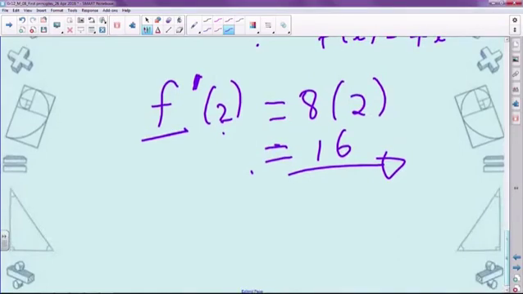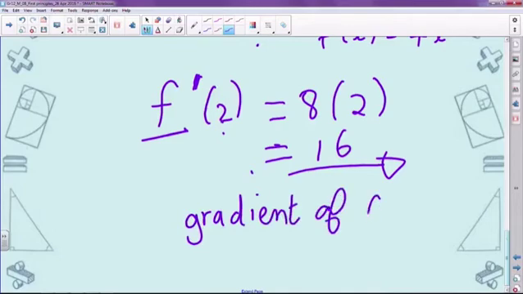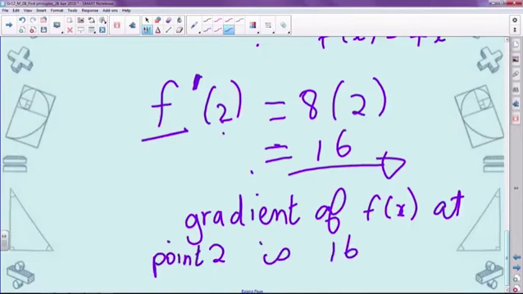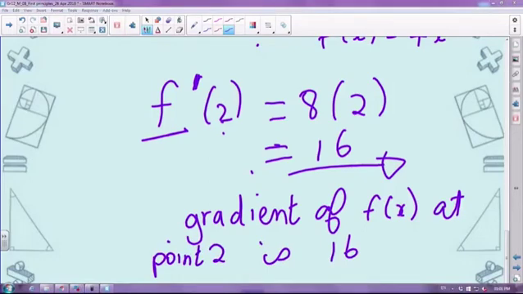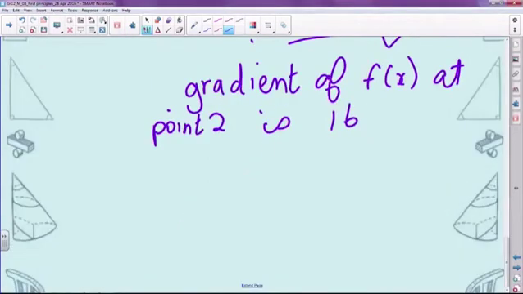It tells me that the gradient of your curve, so the gradient of f of x at the point 2, is 16. Or if you want to say it another way, the gradient of the tangent drawn to the graph f of x at the point 2 is also going to be 16.